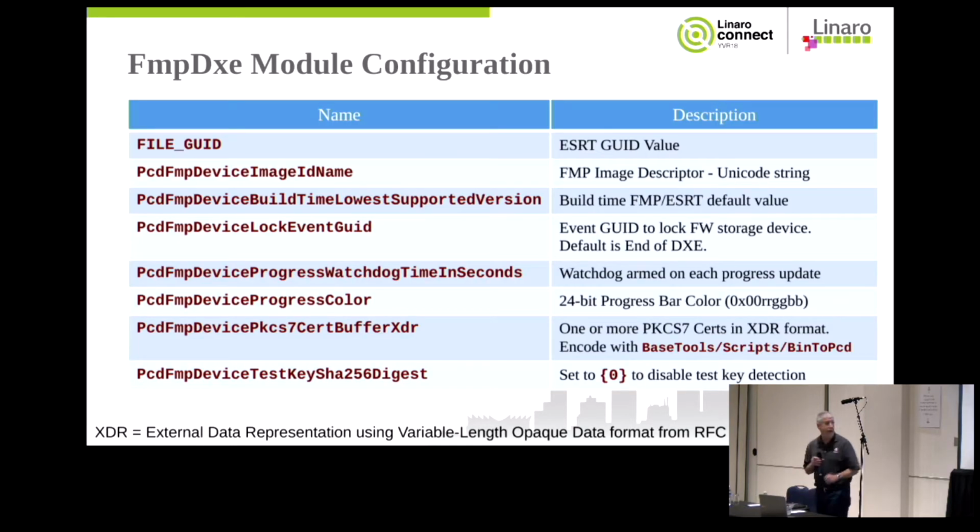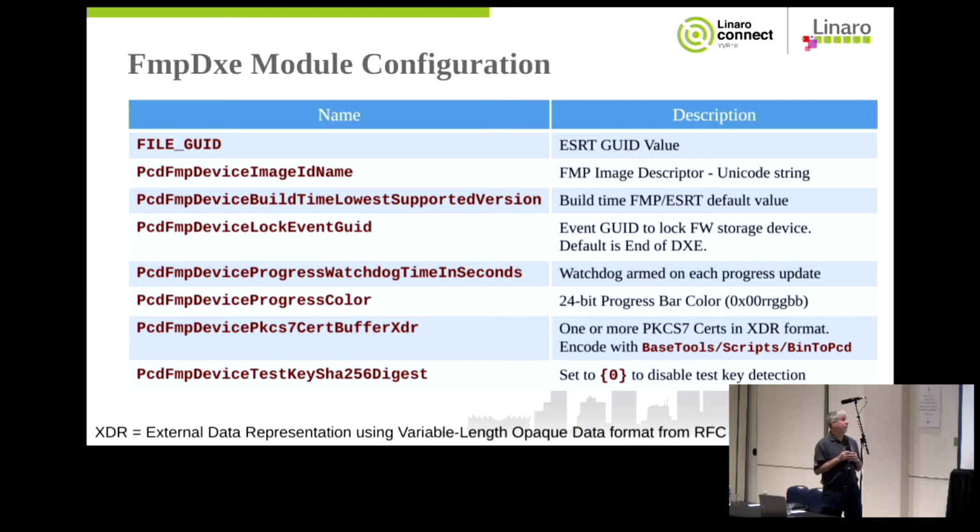And I won't spend a lot of time on these because I think the slides will be available, but this is the idea. I said there's two ways that you provide some information about your firmware update. One is through a set of data values, and we call this the platform configuration database, is the EDK II nomenclature for providing some data values for configuration. So you can provide some information about your GUID that you're using for your device.